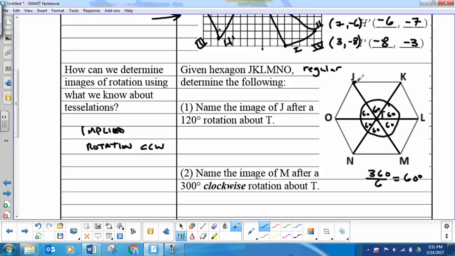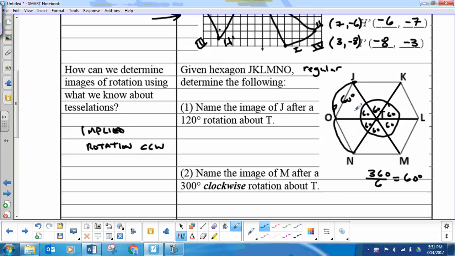And the way we're going to do that is look at the angles that are created in the middle. To go from J to O, we had to travel 60 total degrees. Even though our circle is down here, technically speaking, we still only went 60 degrees total. So this is a 60-degree rotation. That's not quite enough. Remember, I need 120, so I need to go one more point over.